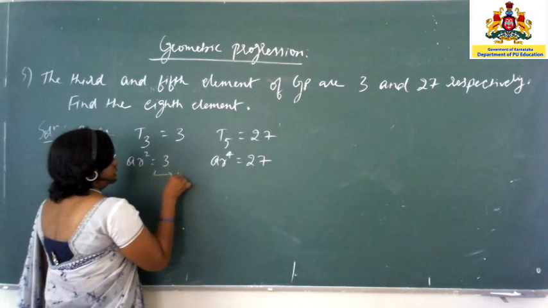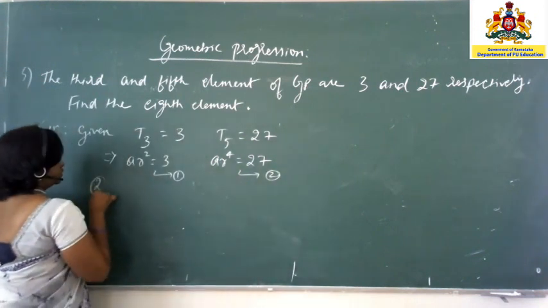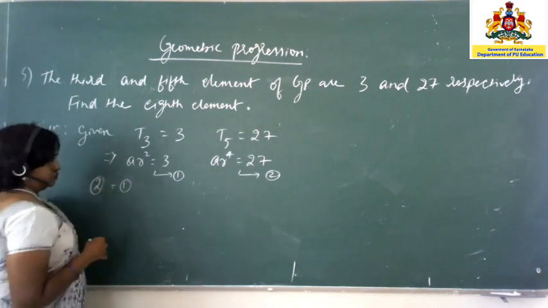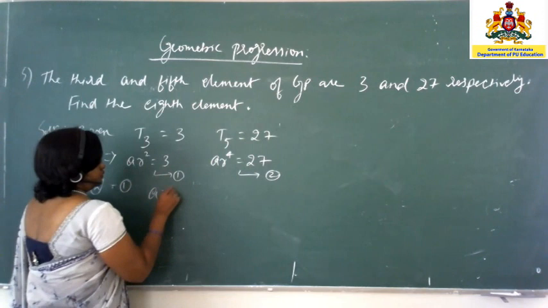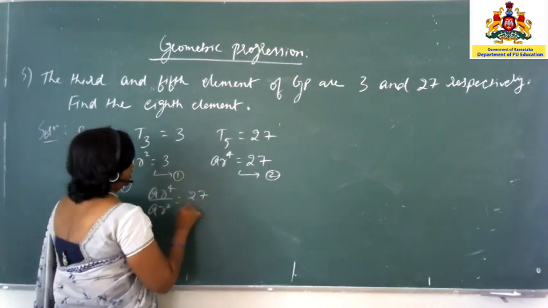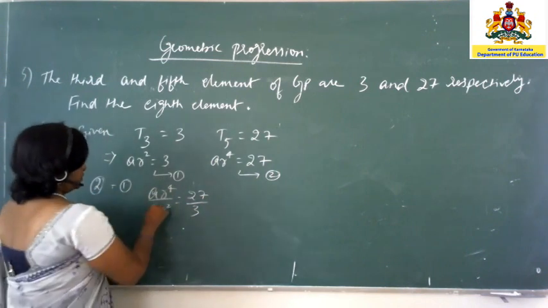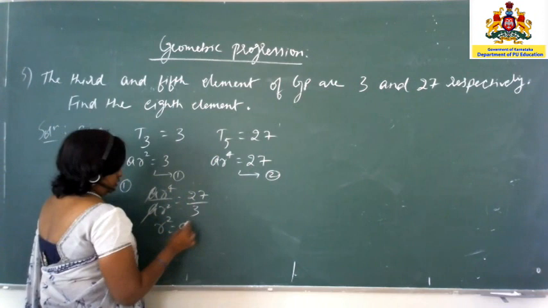So let me call this as 1, this as 2. So 2 divided by 1, so you can eliminate A value. So AR to the power of 4 by AR square is equal to 27 divided by 3. So A, A cancel. So R square is equal to 9.